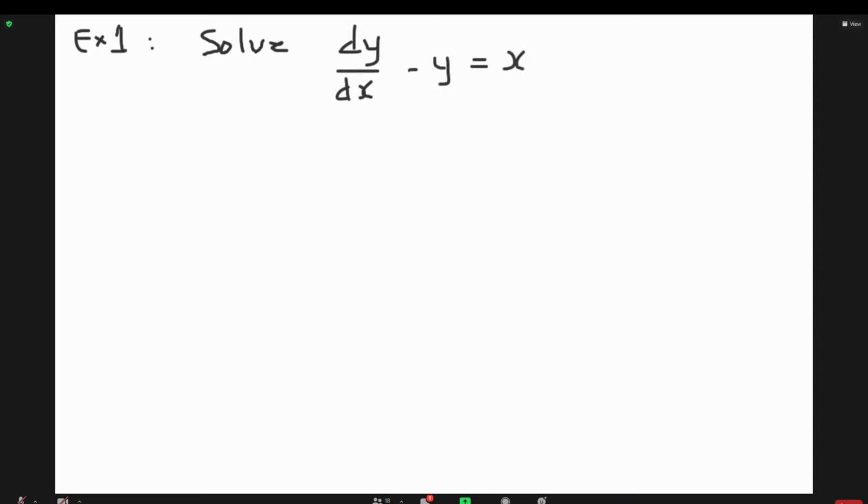Remember it must be in the form dy dx plus py equals q. Must be in that form. So dy dx, that's fine. Py, this is y. So what do you think is p? P is going to be minus 1. Whatever is in front of that y is p. What is q? In this case, q is x.